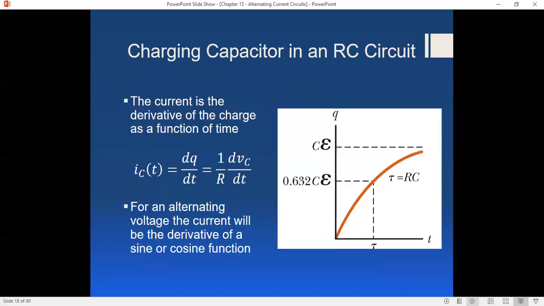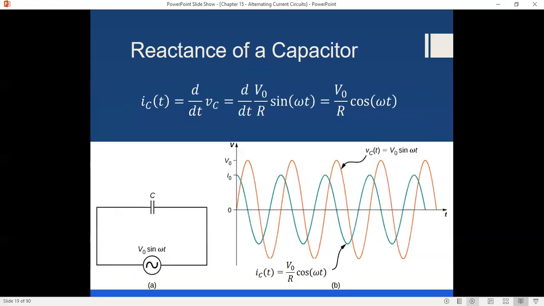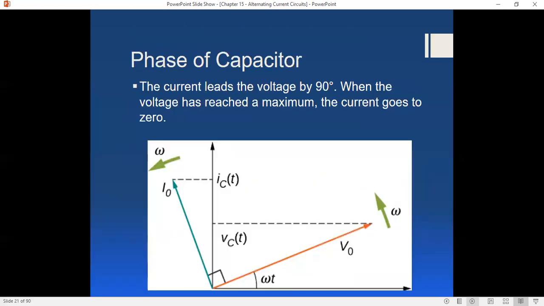The resistor is the easiest case, where the current and voltage oscillate in phase with one another. They're moving together: when the voltage goes up, the current goes up. For the capacitor, the current's ahead of the voltage, and in its phasor diagram the current is 90 degrees ahead.